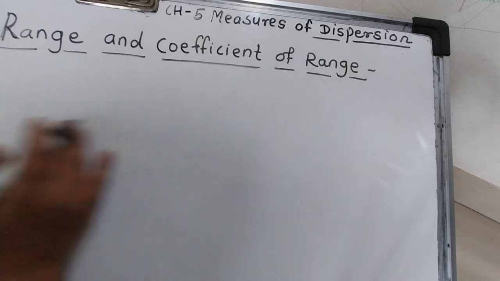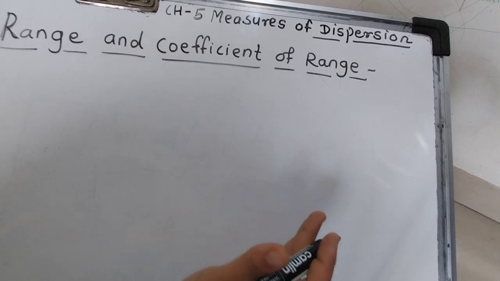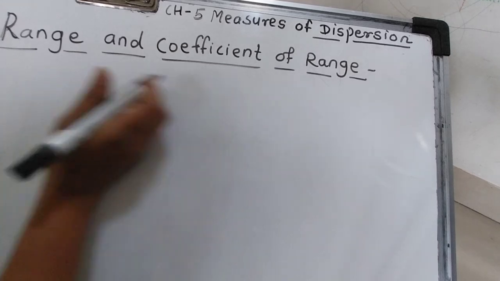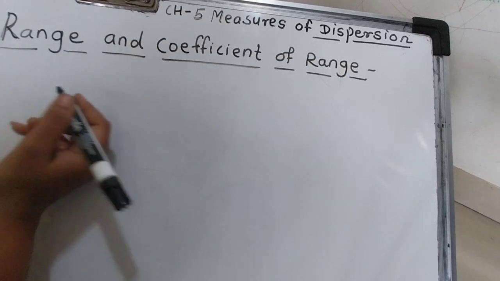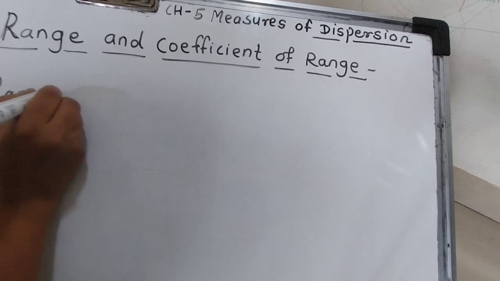Now range is the simplest measure and suitable if the extent of variation is small. So what is the range? Range is very simple.